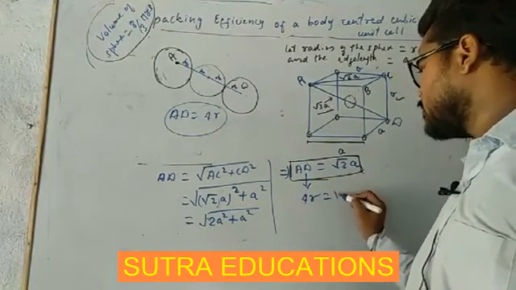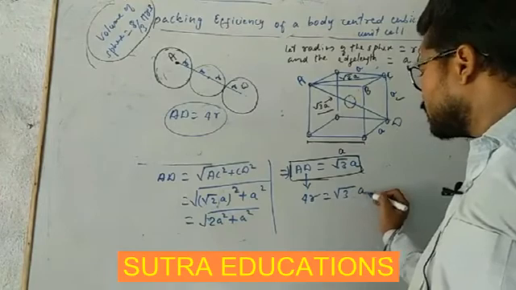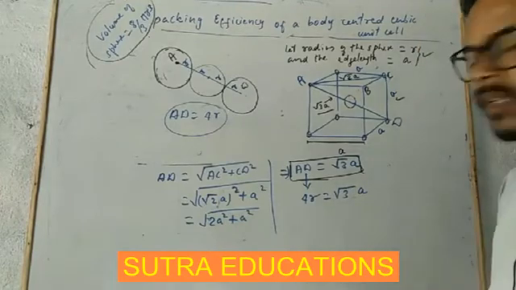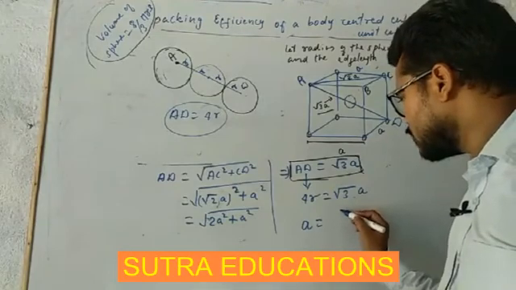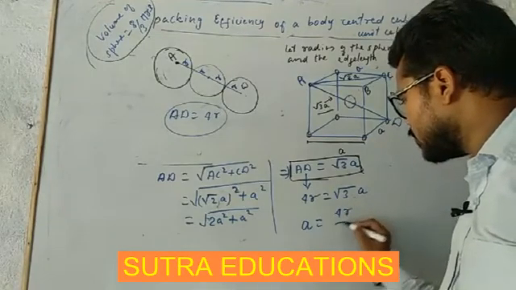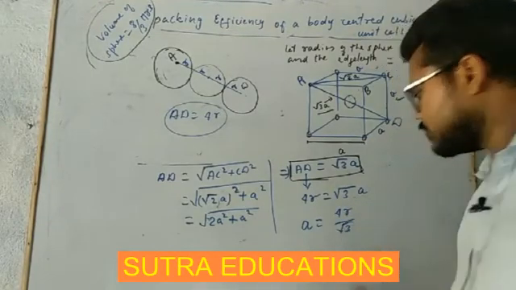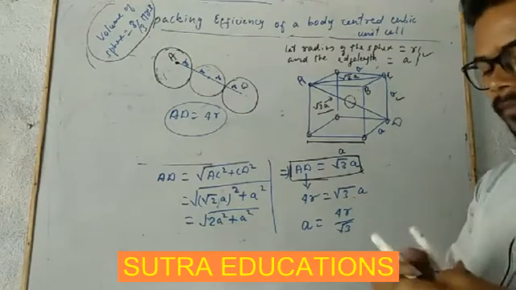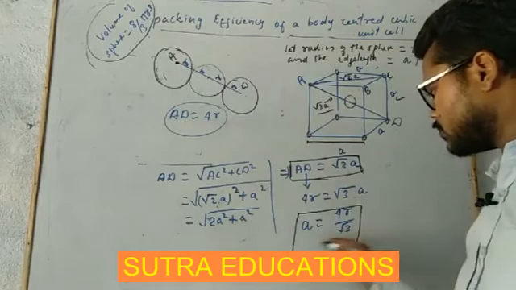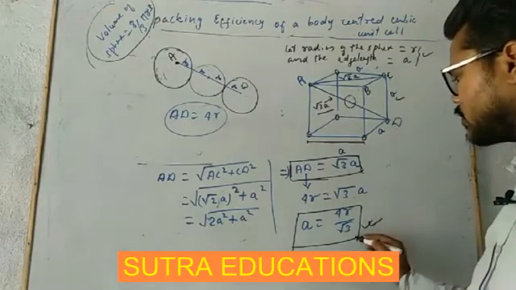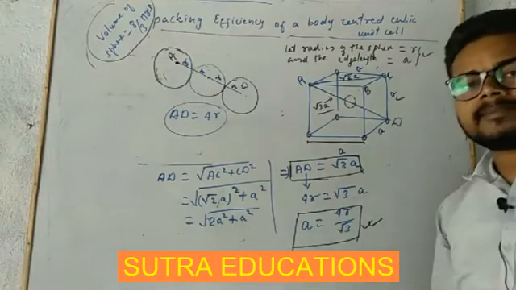So 4R is equal to root 3 A. So from here A will be equal to 4R upon root 3. Got it? So A is equal to 4R upon root 3.